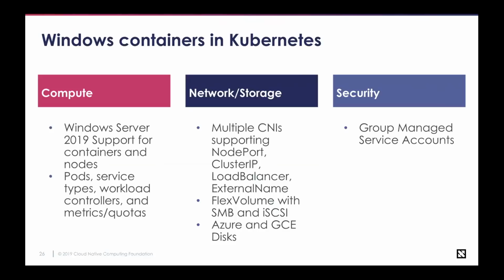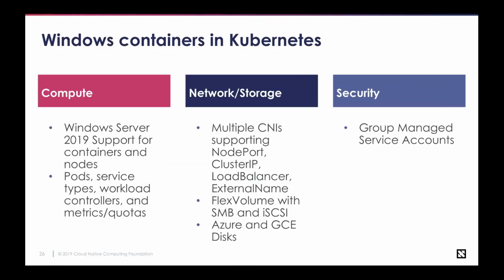So a lot of the features that you're used to using in Kubernetes for Linux containers, you can now use them for Windows. There are, of course, limitations, and we have a very comprehensive documentation on kubernetes.io that you can read to both understand the compute, network, and storage features and see how they compare to Linux and what you can use both from a feature standpoint as well as an API standpoint.